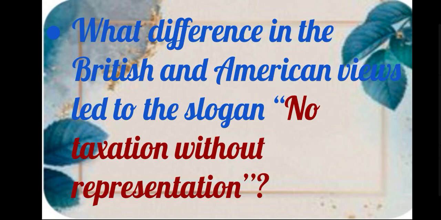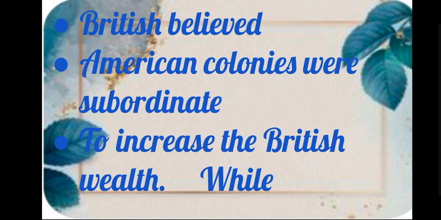What difference in the British and American views led to the slogan no taxation without representation? The British believed that American colonies were subordinates and did not need to be represented in the parliament. They also believed that it was necessary to tax the colonies in order to increase the wealth of the British Empire.